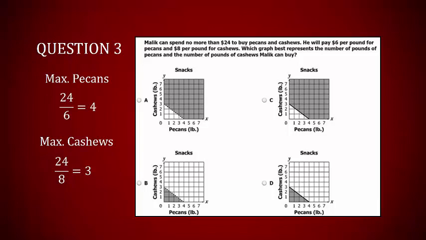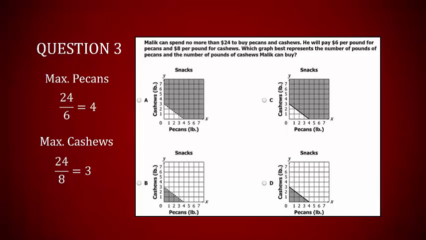Now all of these have that line drawn, but the difference is where it's shaded and whether that line is solid, meaning including those points, or dotted, meaning not including. It is including because he can buy 4 pounds of pecans, not just less than 4 pounds, but 4 pounds.